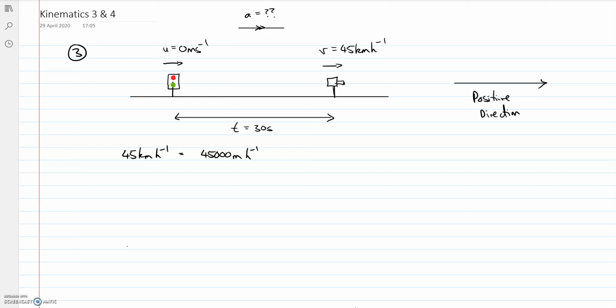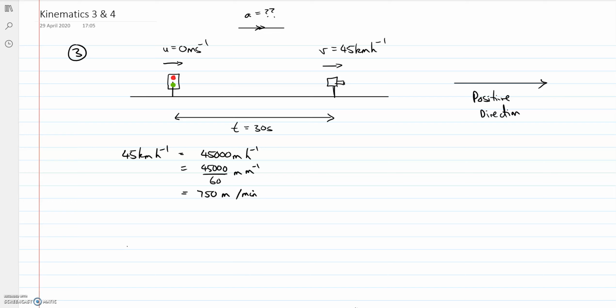And to get our time matching up, to get it in meters per minute, which should look a little bit like this. It's a little bit ugly because meters and minutes are the same thing. We divide by 60, which is 750.